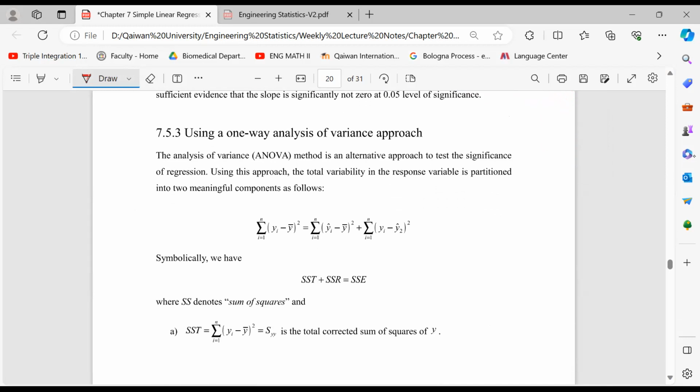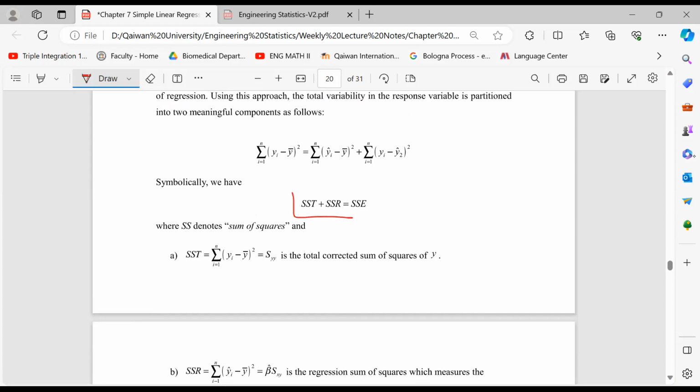That's all. Then, using one-way ANOVA or F test, even if it says use one-way ANOVA, it's the same as saying use F test. As in one-way ANOVA, we use F test. In one-way ANOVA, we need to have these 3 things.